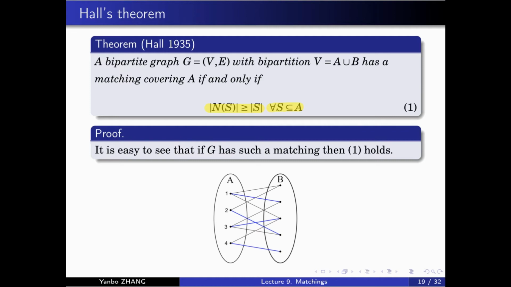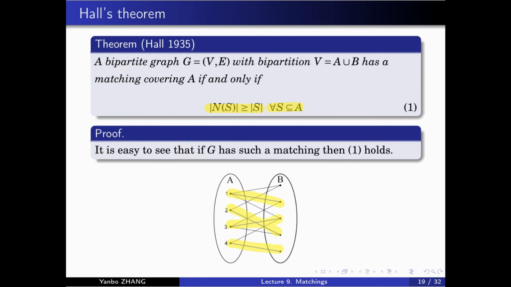If G has a matching covering A, then every vertex of S has a distinct neighbor. So the size of N(S) is greater than or equal to the size of S.